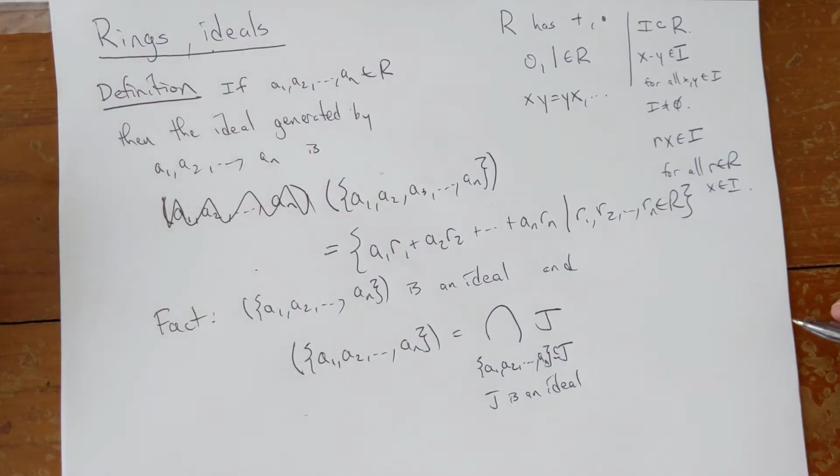So that is in what sense we mean it's the smallest ideal which contains all the ai's. That's the ideal generated by the ai's. Okay.